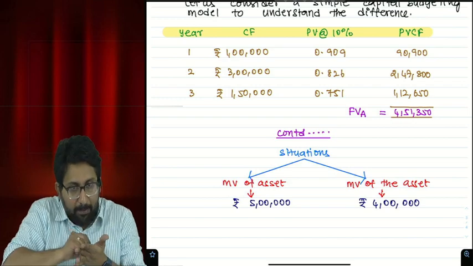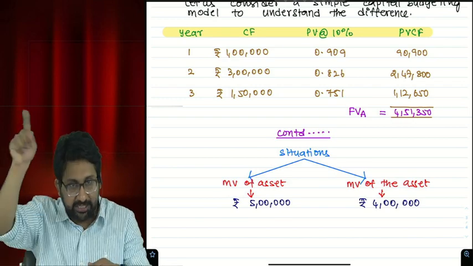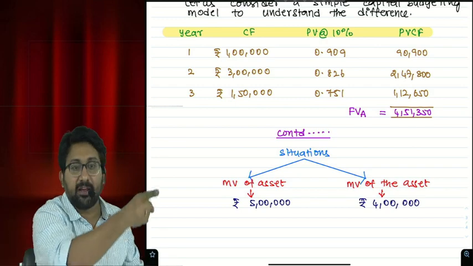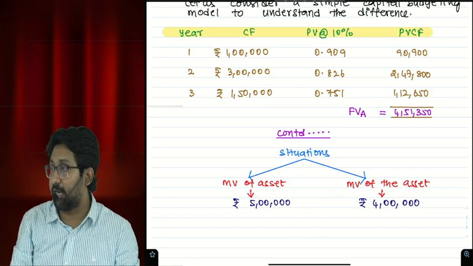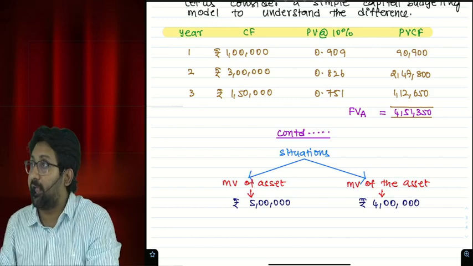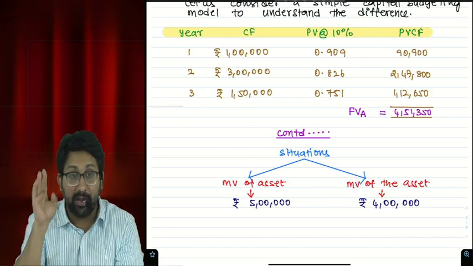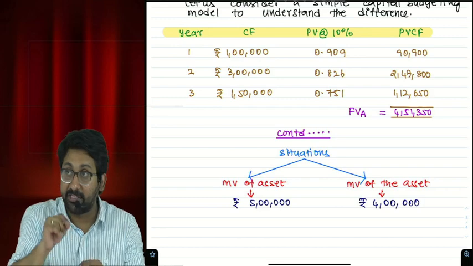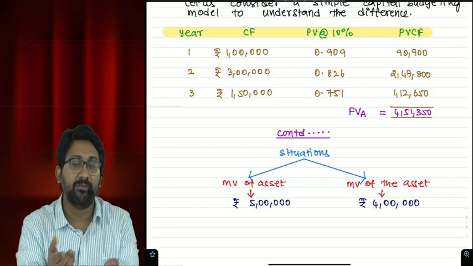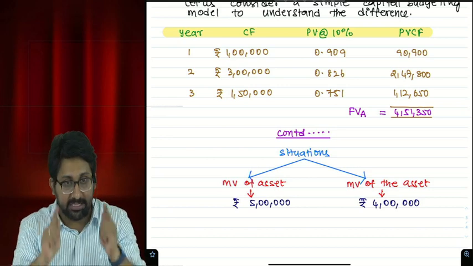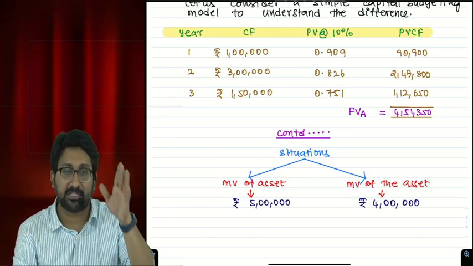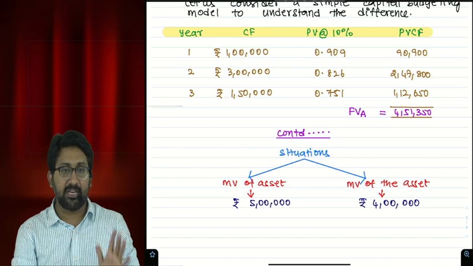Really, those are written on bond paper. The machine manufacturer said that definitely, you will get 1 lakh at the end of the first year, 3 lakh at the end of the second year, 1,50,000 at the end of the third year. I am giving you a stamp paper, indemnity guarantee bond. If risk is there, I will bear it. These are all guaranteed, estimated cash flows, estimated because it is futuristic in nature.